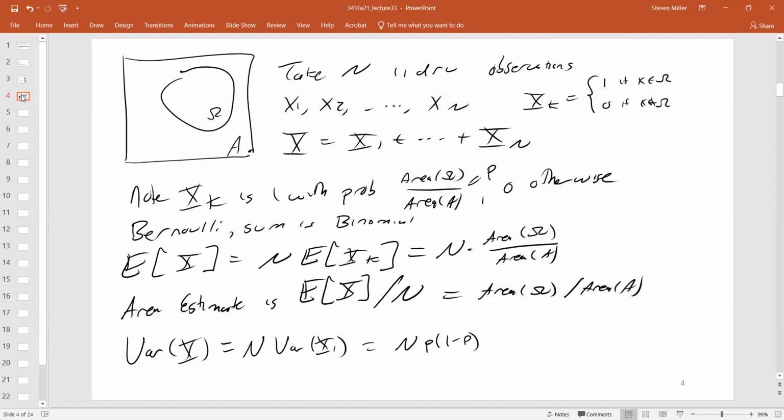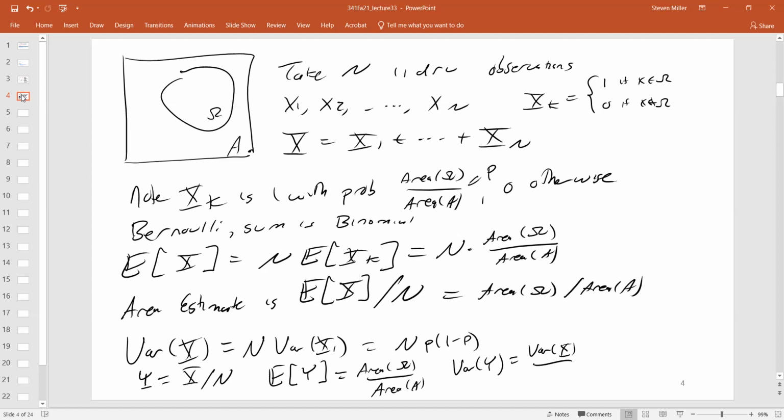And so if we look at, let's say, y equals x divided by n, then the expected value of y is just the area of omega over the area of A, and then the variance of y is the variance of x divided by what?